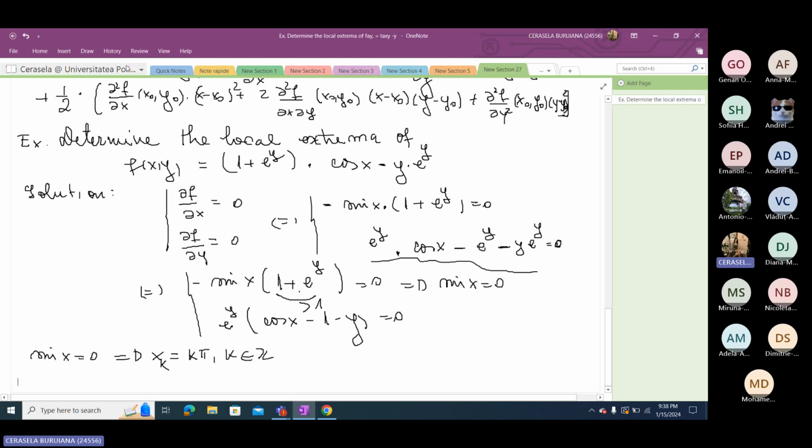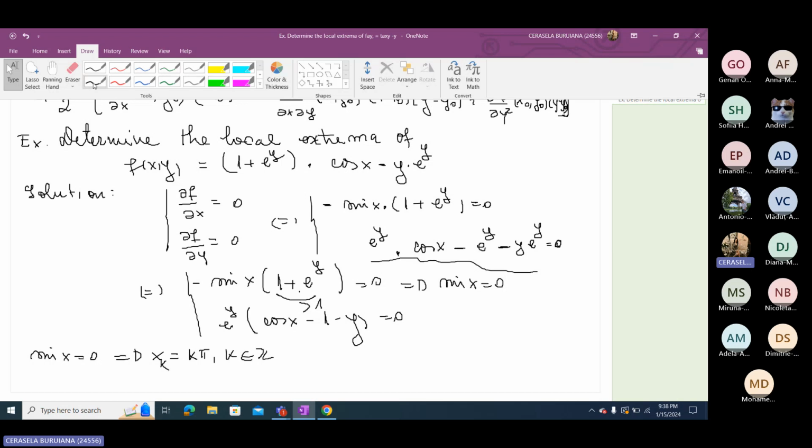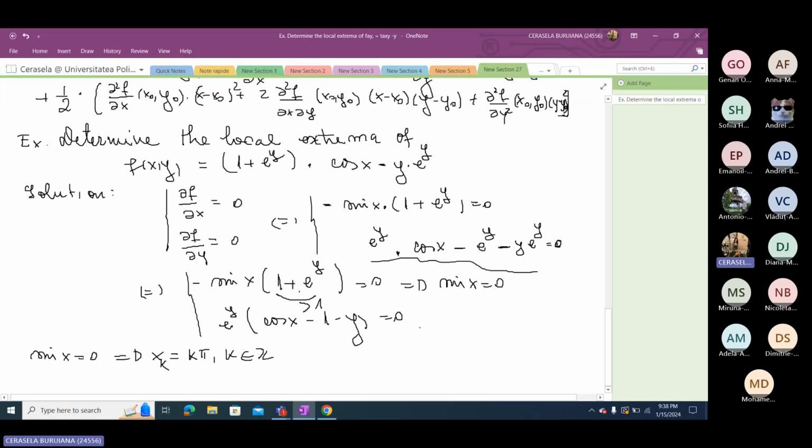But now I will use the second equation. And from the second equation, the only possibility that this product be 0 is that the parenthesis is 0. Because the exponential, you know, is a function that has only positive values, different from 0.